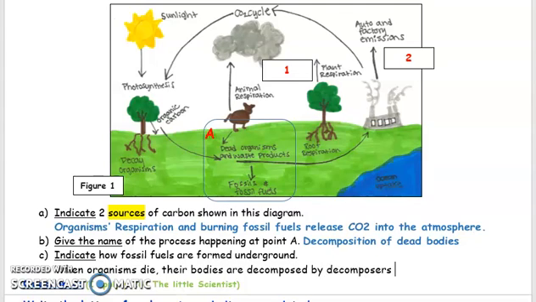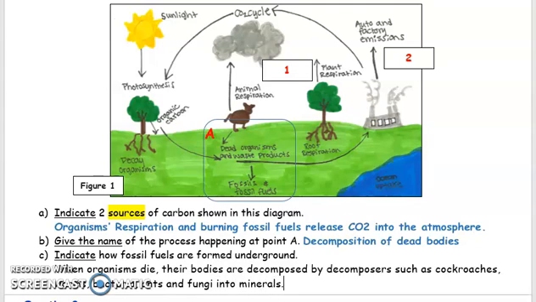Let's give some examples of decomposers: cockroaches, worms, bacteria, ants, fungi, into minerals. In millions of years, they will change into fossil fuels in the soil or in the ground.